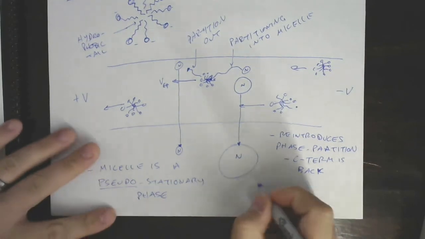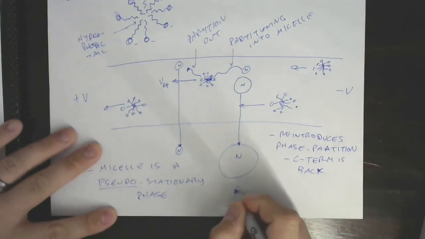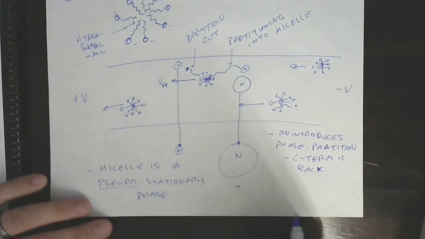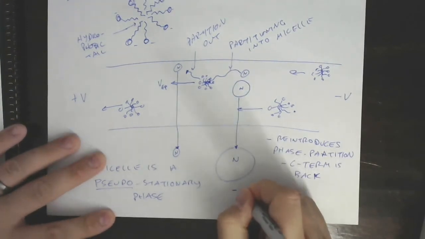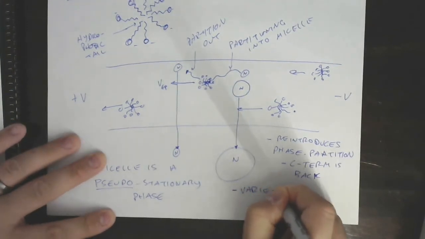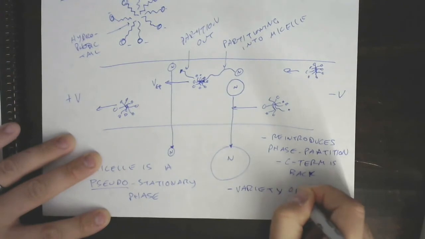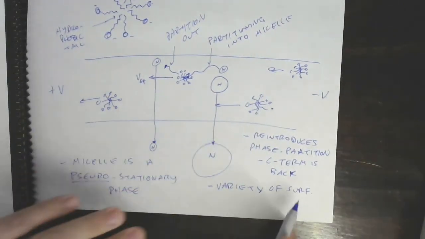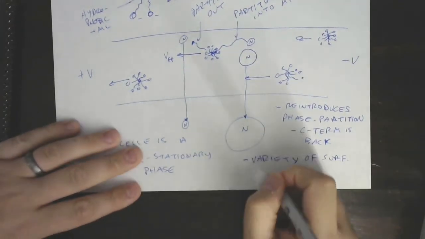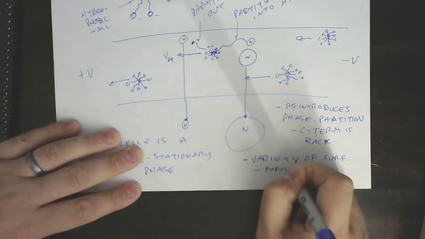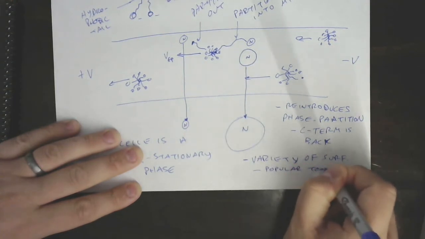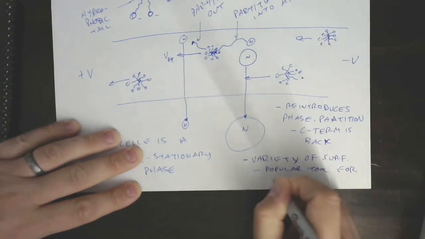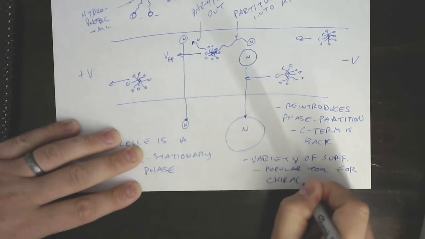The last thing I will tell you about MEKC, and then we will move on to another topic, is that there's a wide variety of surfactants available. MEKC is actually a really popular tool for chiral separations.